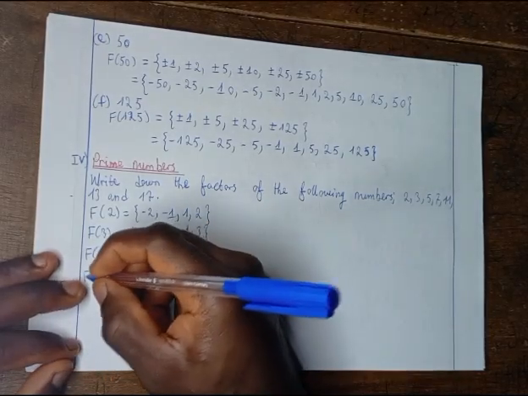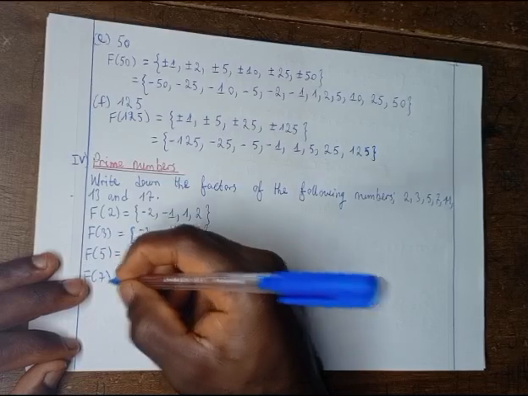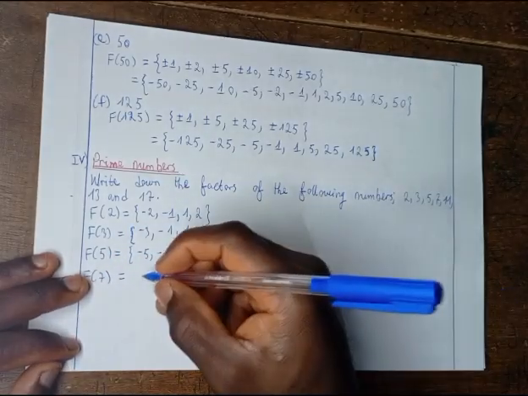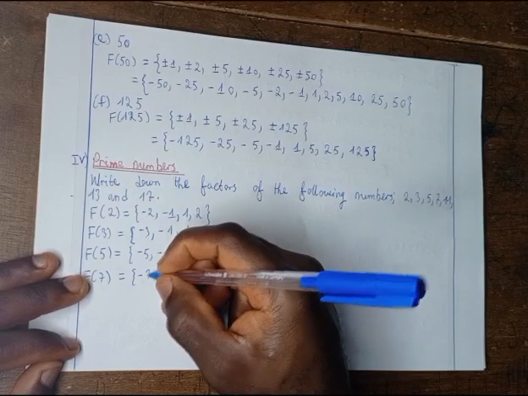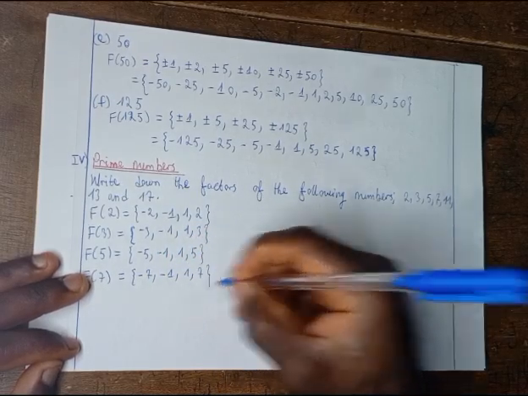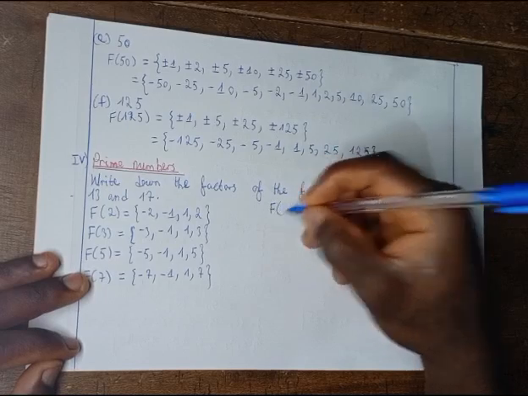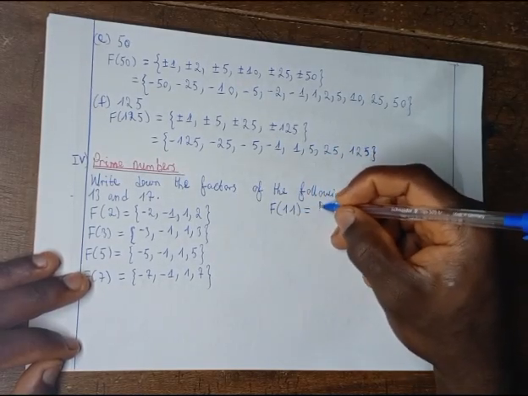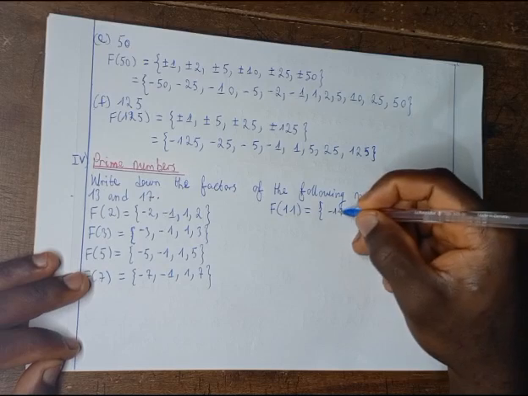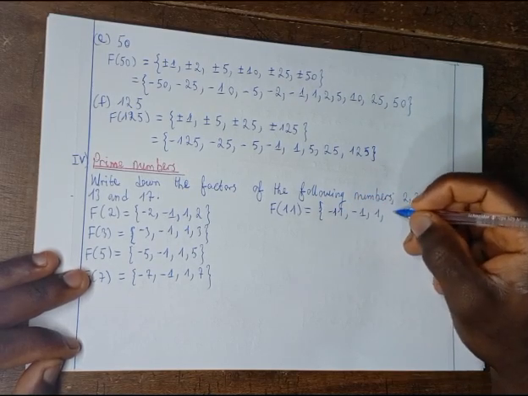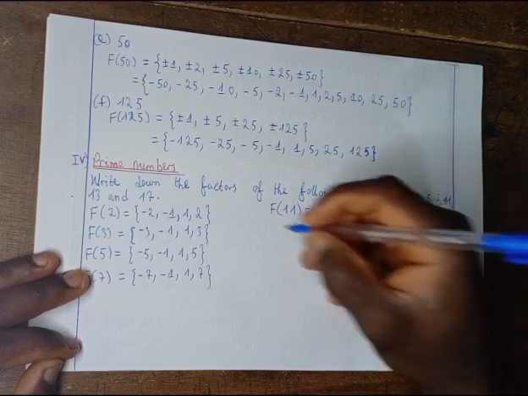Next, we have to write f of 7. F of 7 will simply be equal to -7, -1, 1, and lastly 7. Next, we have to write f of 11. F of 11 will simply be equal to -11, -1, 1, 11.